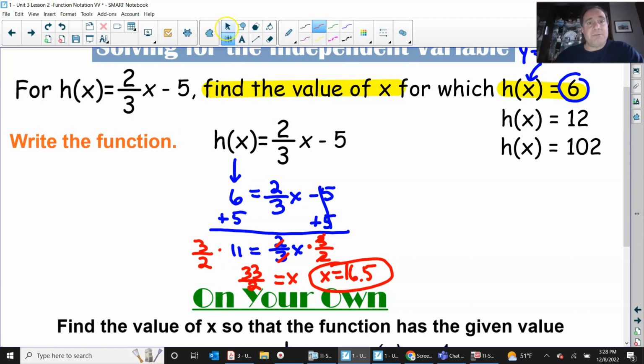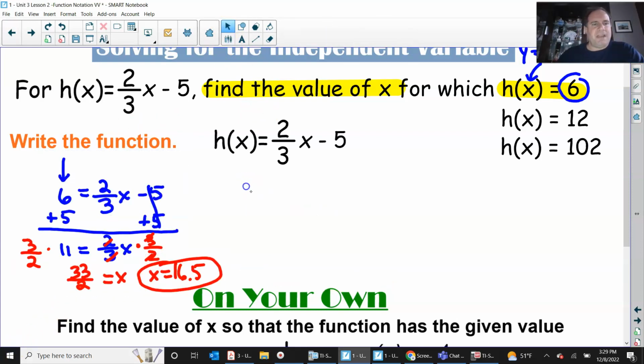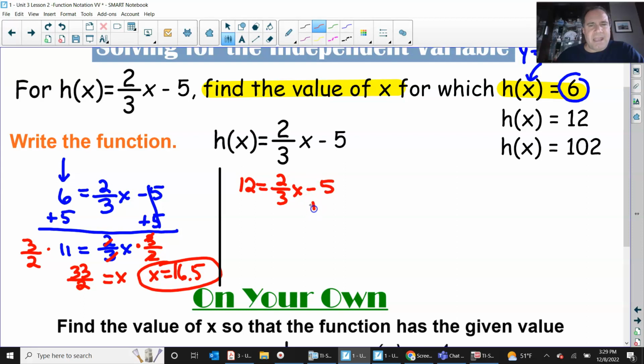And it says find the value of x. So let's move that over and go to the second one. Again, they want you to find x. They're giving you what y is. So instead of h of x, we're going to substitute 12 in. 2 over 3x minus 5. You add 5 to both sides. This cancels. This is 17 equals 2 over 3x.